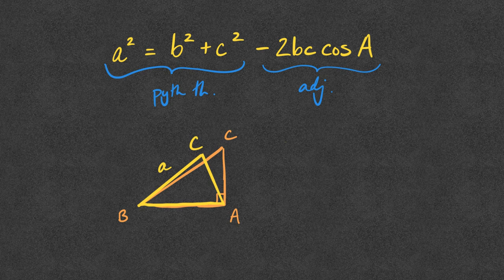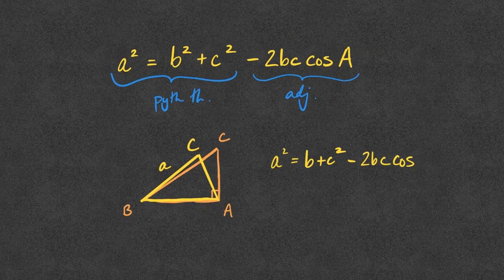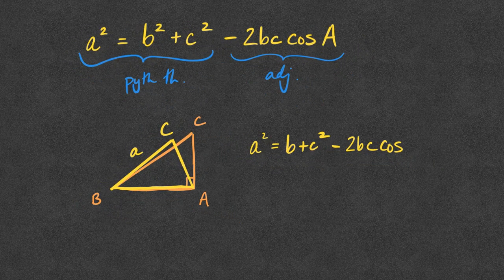I hope that that's pretty obvious to see. Since angle A was tipped in, since it was acute, that makes its opposite side, side A, a little shorter. We can see it on the diagram. Okay, I want to play through cosine law. So, I have my Pythagorean theorem minus my adjustment factor. But now, when I take my cos of A, I'm going to have an acute angle in there.